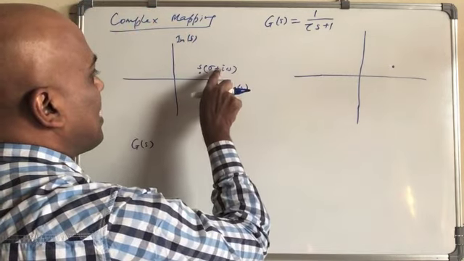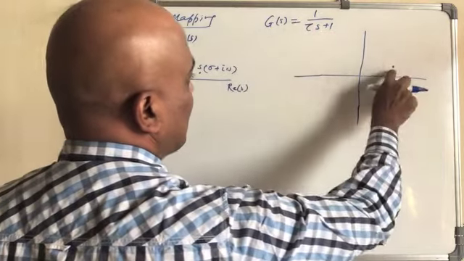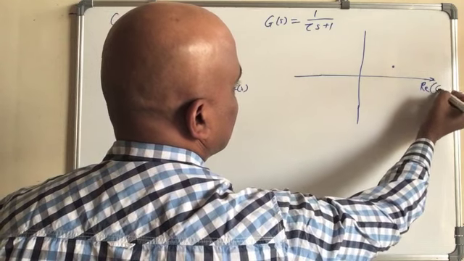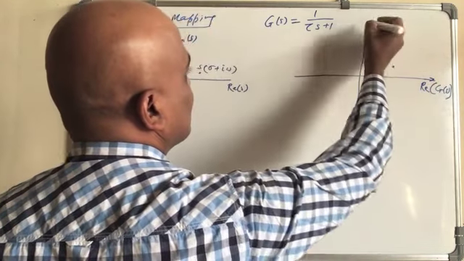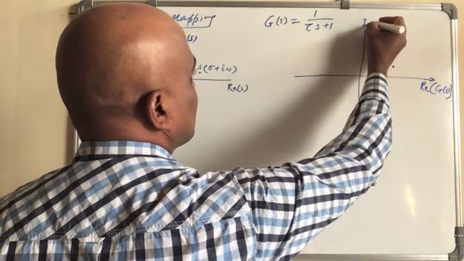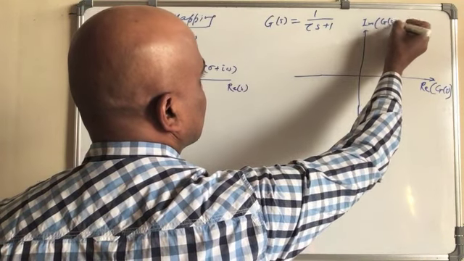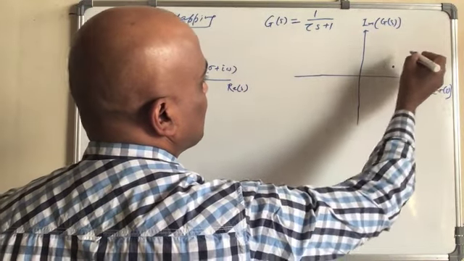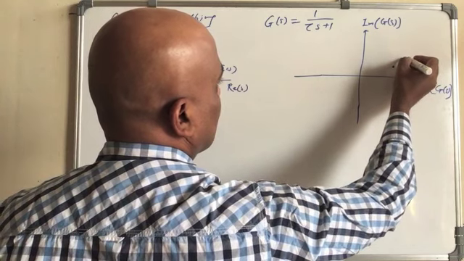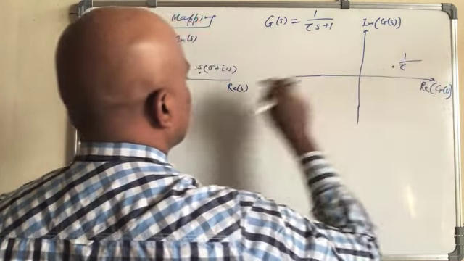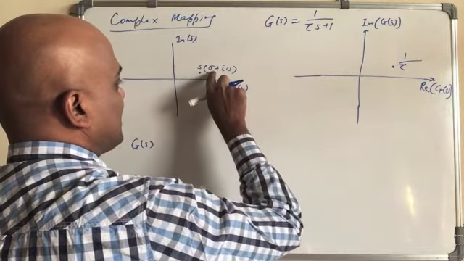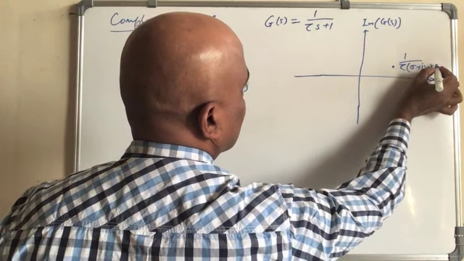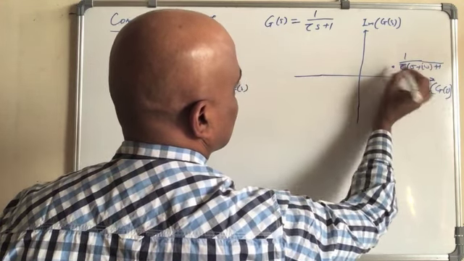If s is sigma plus j omega, we plot the real of G(s) here and the imaginary of G(s) there. So basically this point will simply be 1 over tau sigma plus j omega plus 1, and we transfer from here to here.